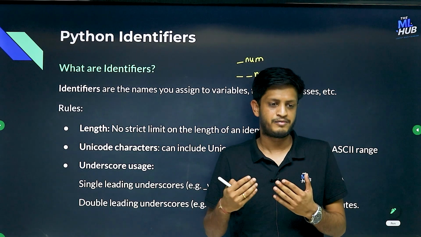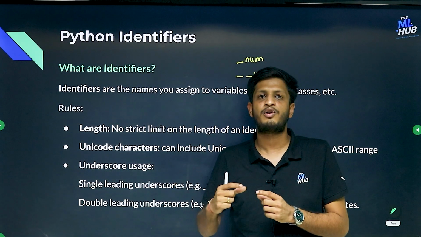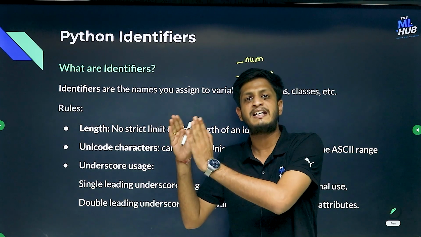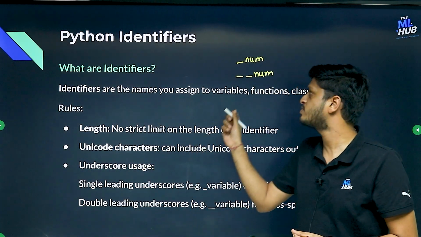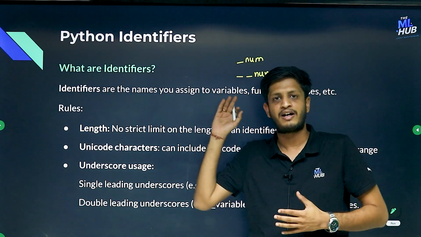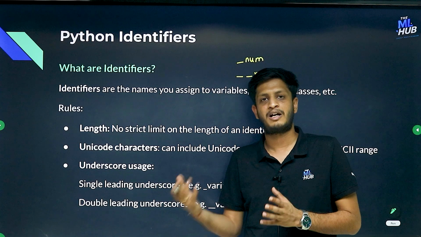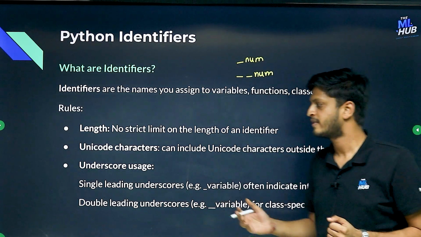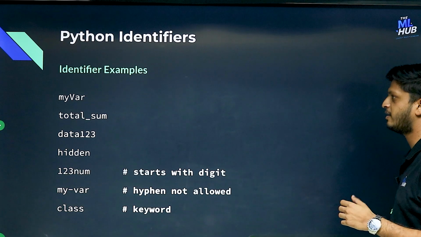But to give you a short introduction, if you're creating a class and you want to create some variables which are only used in that particular class, as class specific attributes, then we create variables using two underscores. Again, not a strict rule. You can create any identifier using two underscores, but this is just a thing that the programming community follows, so you should follow that. So these are some rules which are there while naming identifiers.